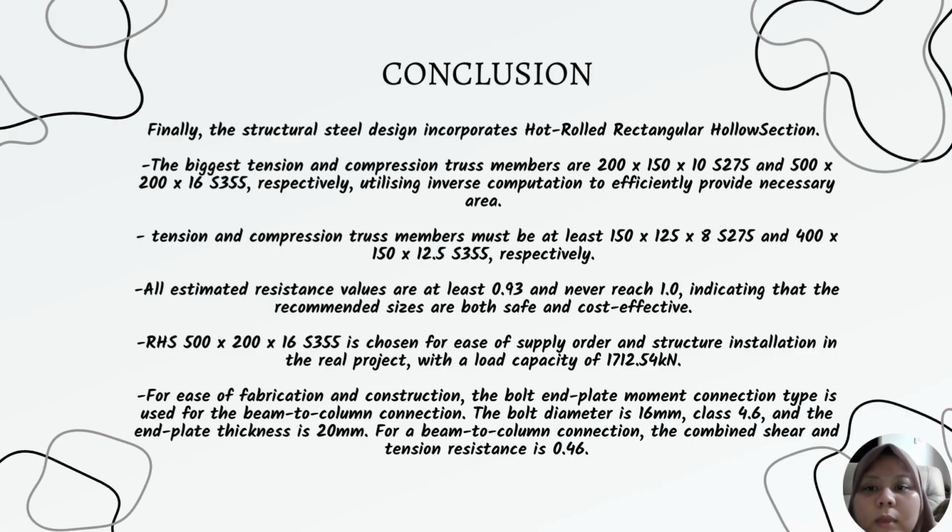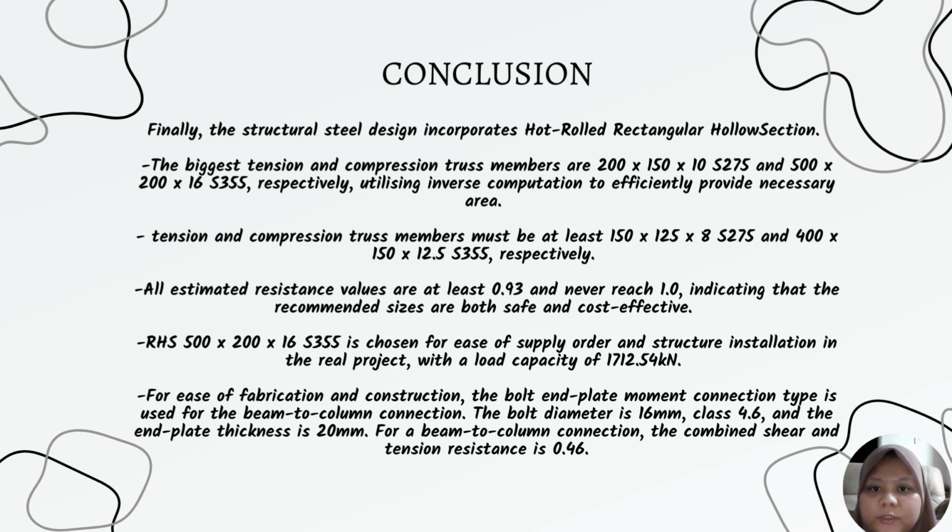That's all. Okay, finally, in conclusion, the structural steel design incorporates hot rolled rectangular hollow section. The biggest tension and compression truss members are 200 times 150 times 10 S275 and 500 times 200 times 16 S355 respectively, utilizing inverse computation to efficiently provide necessary area.